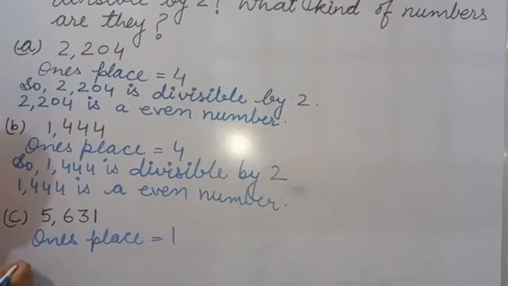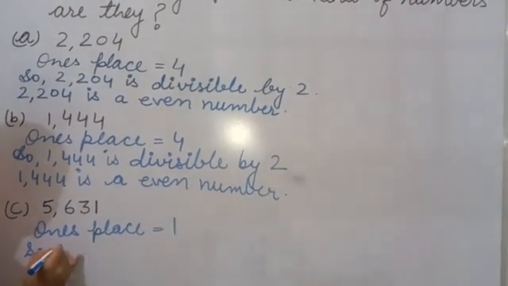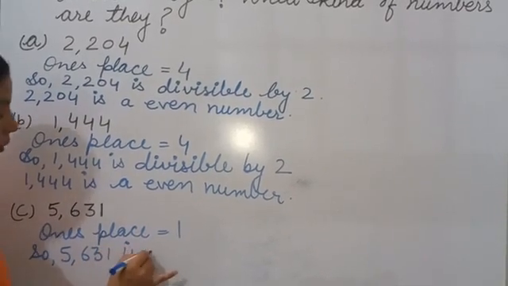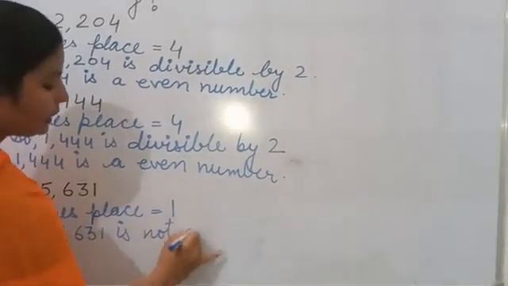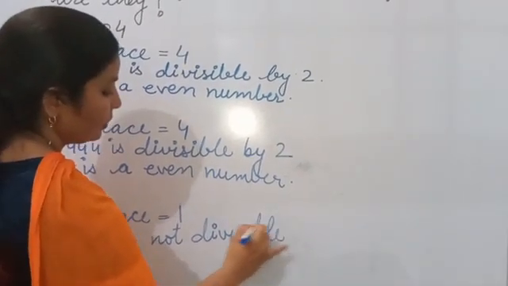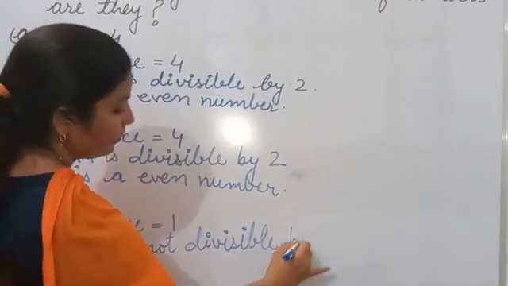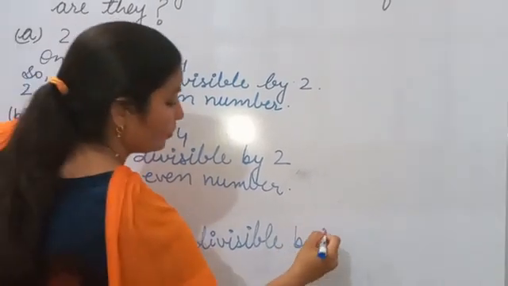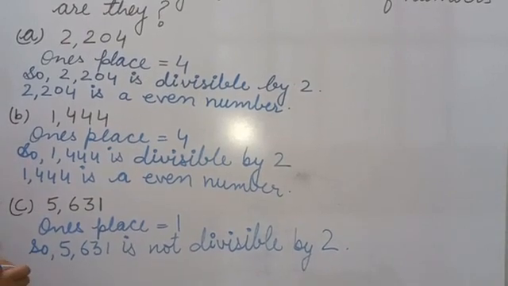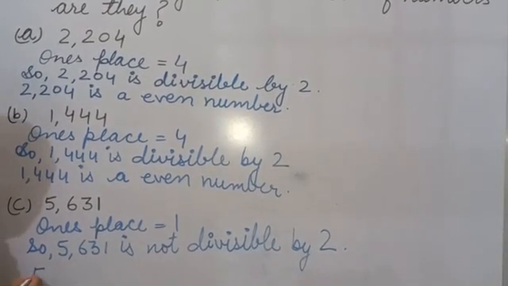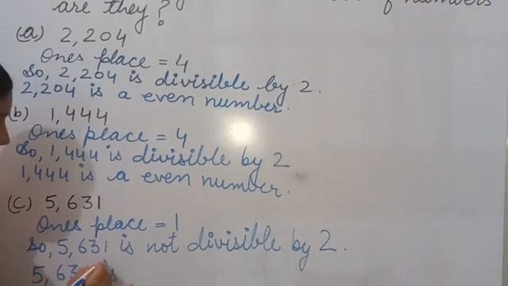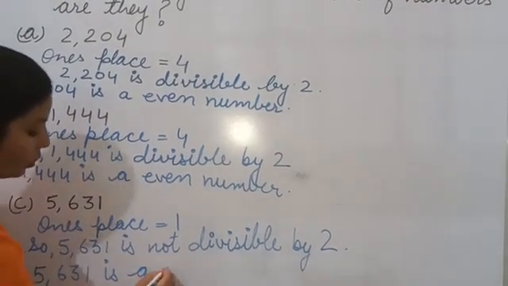So we write here, 5631 is not divisible by 2. Okay. And we write here 5631 is a odd.